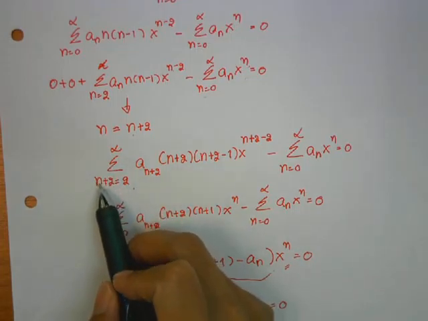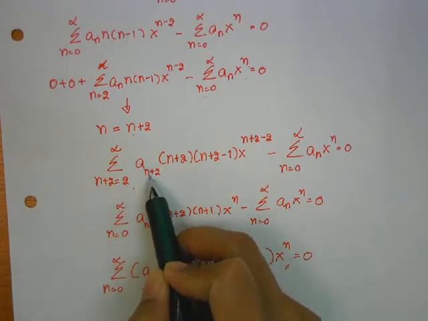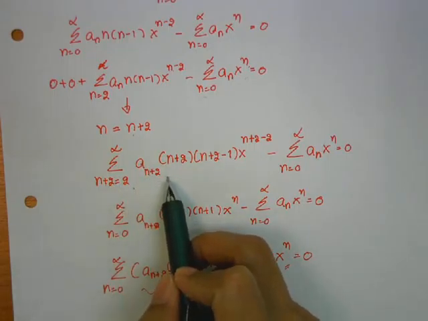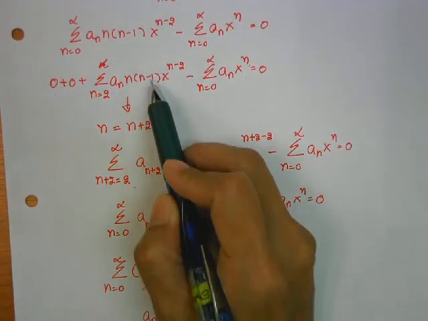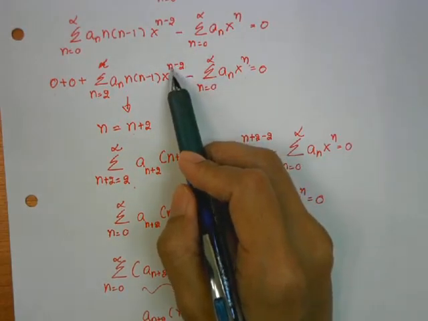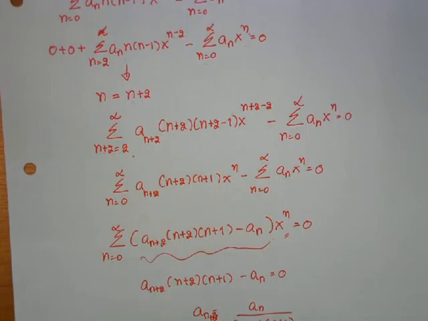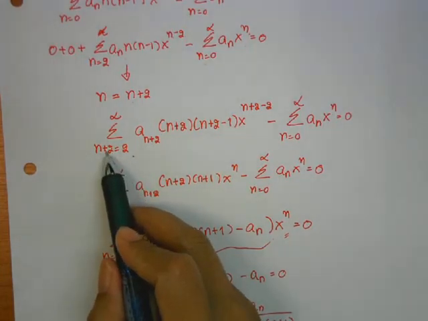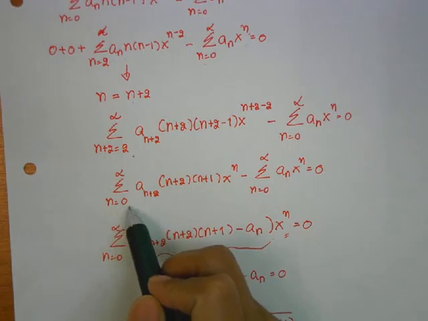Now this one becomes n plus 2 equal to 2. Now my an would be an plus 2. And this n would be n plus 2. This n is n plus 2. And n for the x is n plus 2. By doing that, I would get n plus 2 equal to 2, so n is equal to 0.